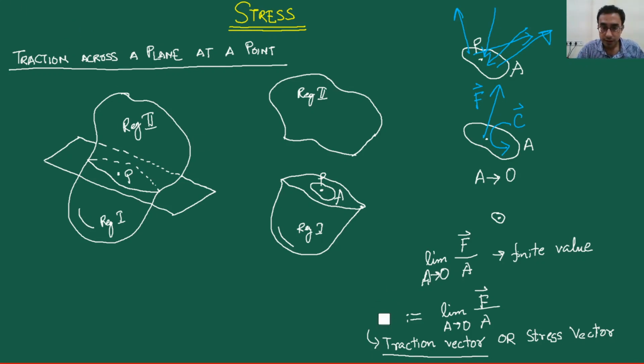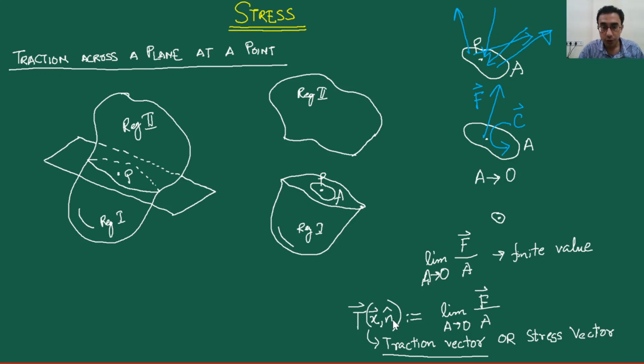So instead of just this, we should be really writing this as P vector being a function of the position vector of the point P. So x vector denotes the position vector of the point P and the unit outward normal to the plane that we are considering.